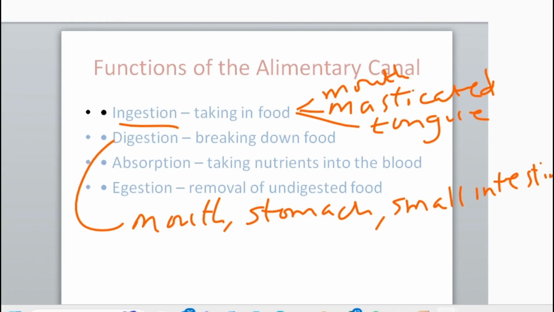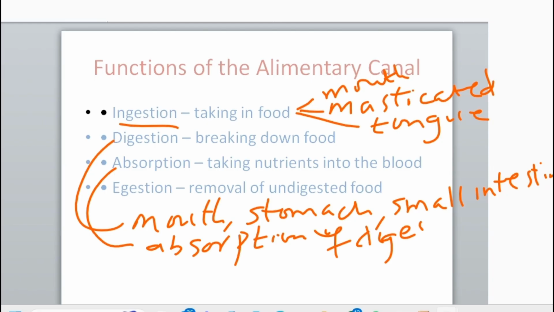The next function of the alimentary canal is absorption of digested food nutrients. The nutrients in the digested food are taken into the bloodstream through the walls of the small intestine.